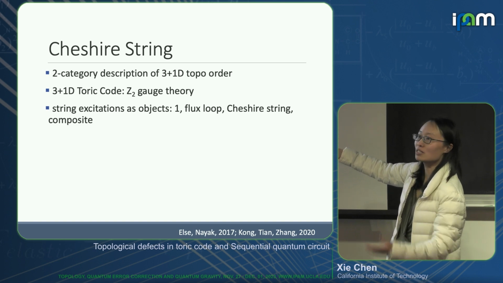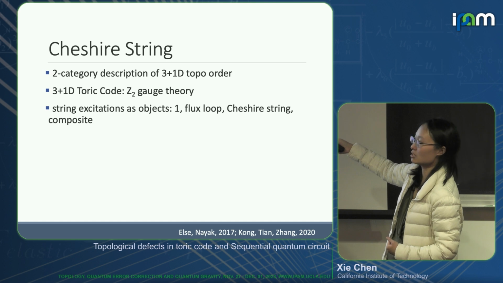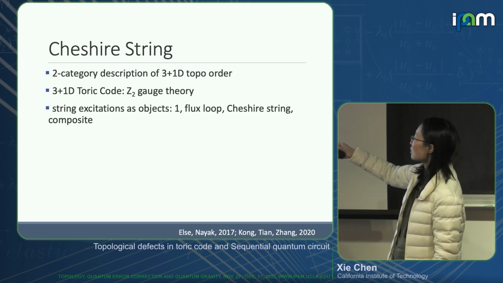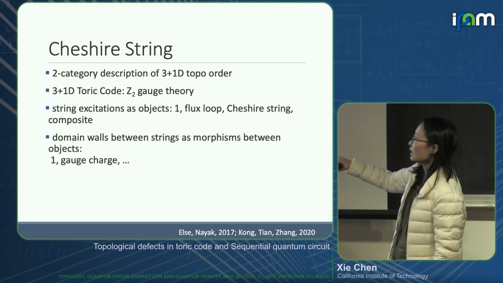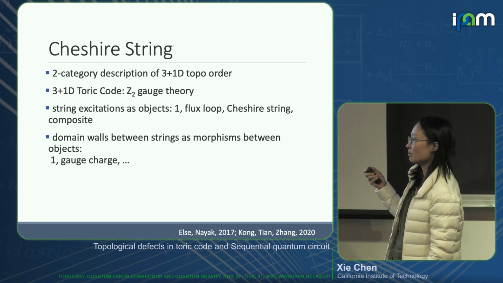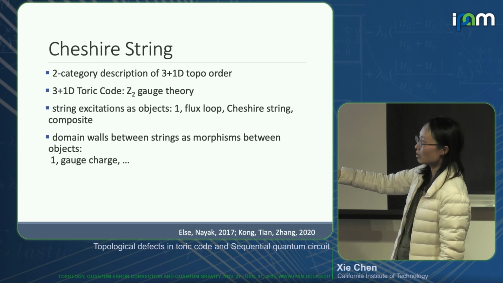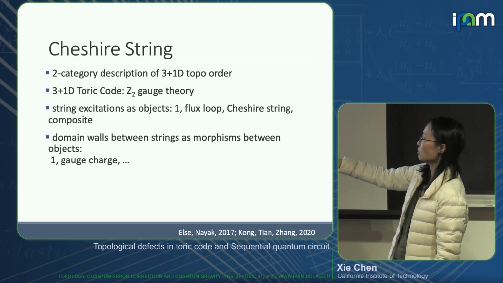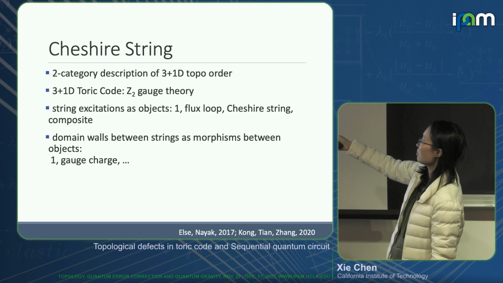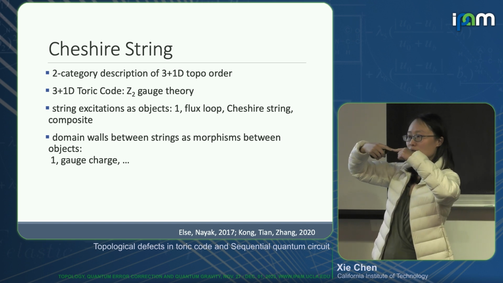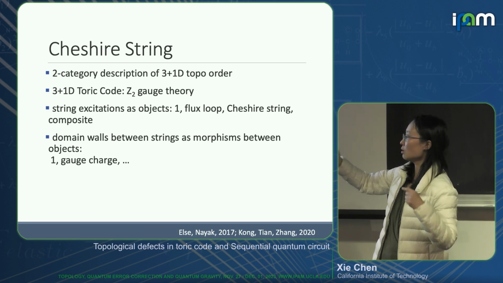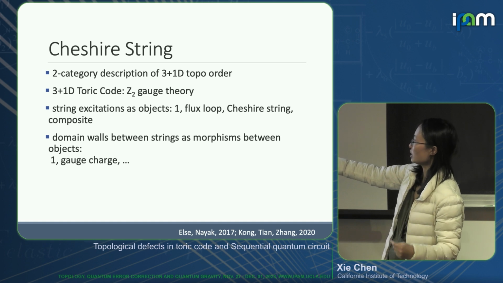And then we can combine them and make a composite of such excitations. Okay, and then the morphism, the physics language for the morphism is domain walls between these one-dimensional objects. So we have one-dimensional objects, then we can have domain walls in between these one-dimensional objects.